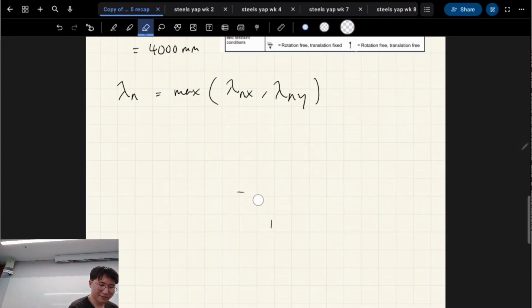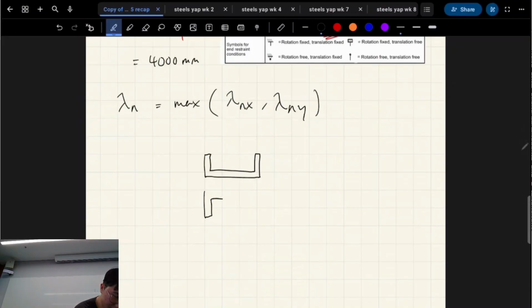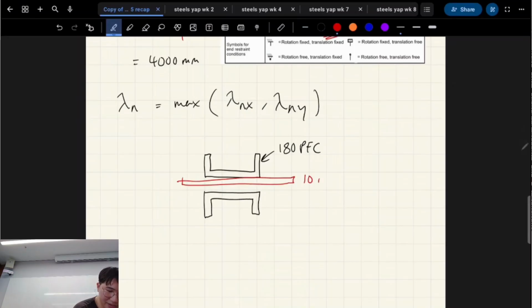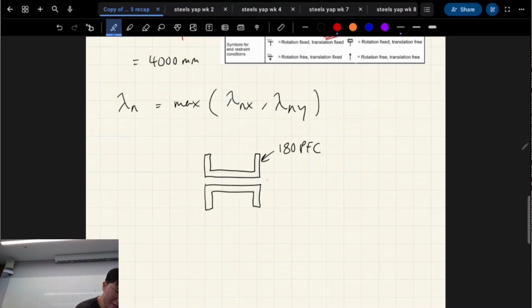Remember our section looks like this. Those are 180 PFCs. The gusset plate in the middle, they told us, was 10 mil thick. But we're not going to consider it. We just know that gap is 10 mil.